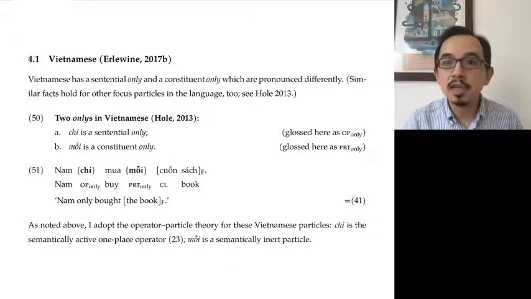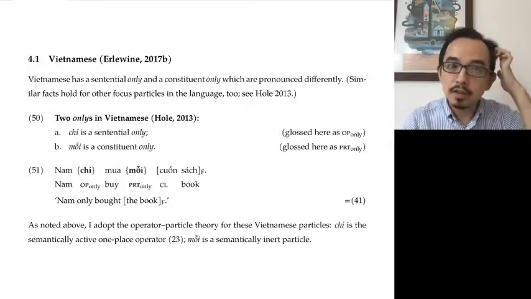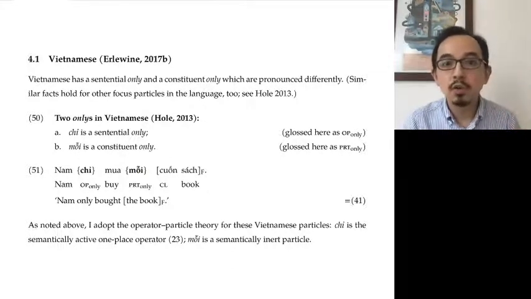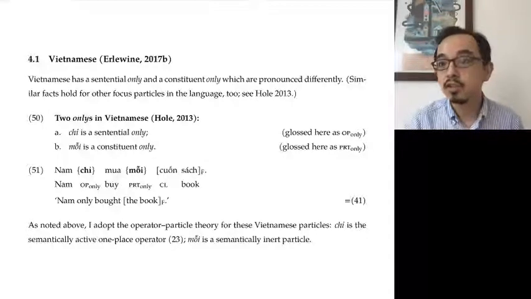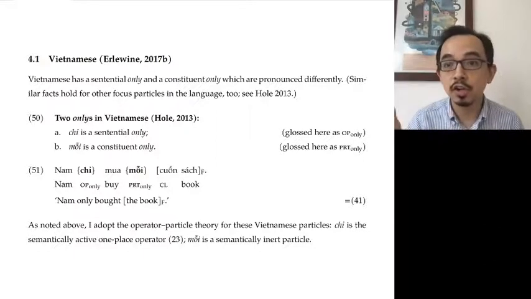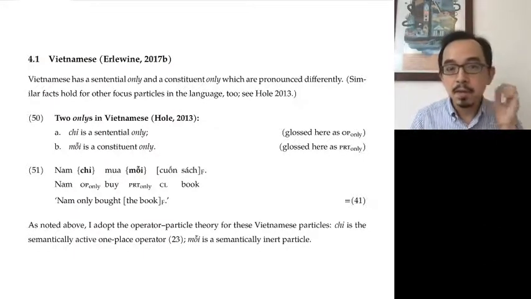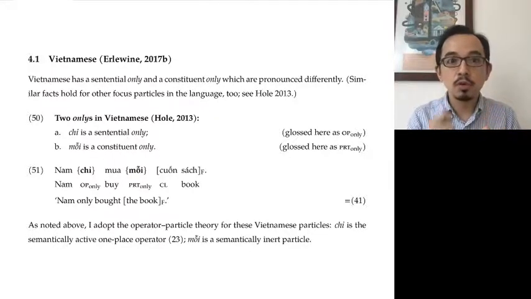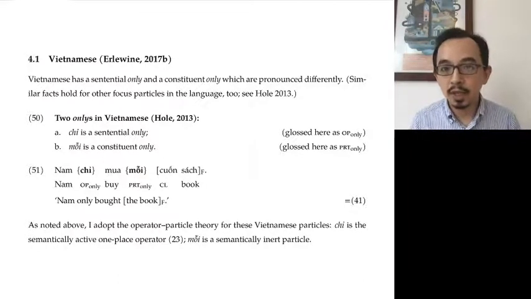So in Vietnamese, as introduced this morning, there are two focus particles that are traditionally translated as 'only.' There's in fact also a third item, a sentence-final particle, which I won't be including here. But there are these two focus particles, chỉ and mới, and descriptively in their syntactic distribution, we can say that chỉ is a sentential 'only' and mới is a constituent 'only.'